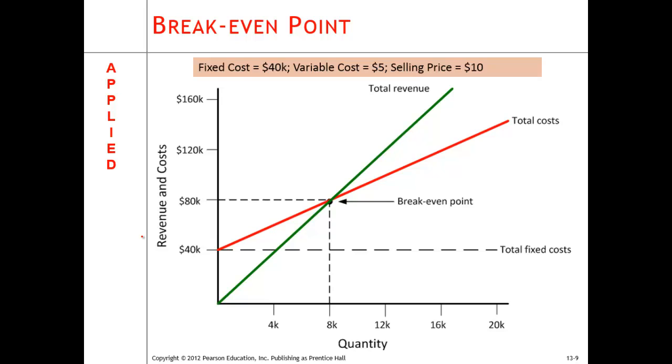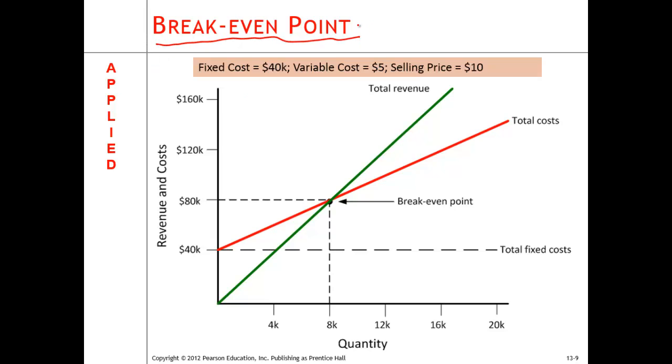And the third most important factor that a firm must be aware of when setting price is the number of units it will need to sell in order to cover its fixed cost. This is what's known as the break-even calculation. The break-even calculation finds a break-even point.